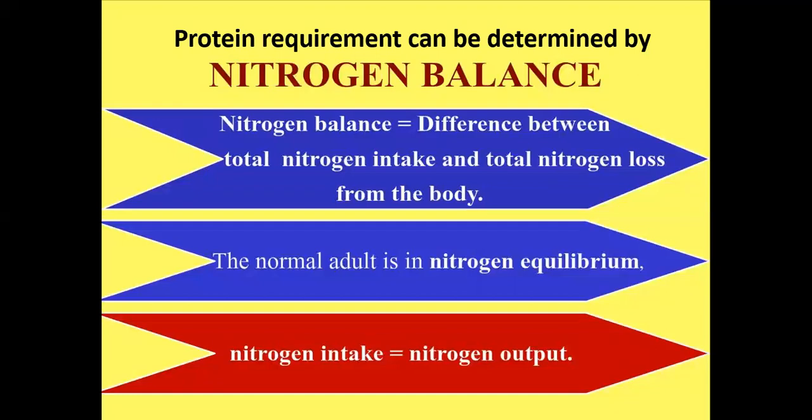Most of the body proteins are constantly and repeatedly being synthesized and degraded. In adults, this rate of synthesis of protein is just sufficient to replace the proteins that are degraded. So the total amount of proteins remains the same.